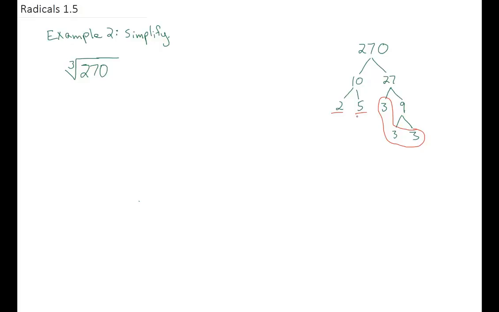And then the other 2 we don't get to actually cube root. So what that looks like is the set of 3 becomes a 3, and then the other 2 we can't cube root, so they're going to stay under the cube root, the 2 and the 5, and everything's being multiplied. So then when I simplify that, I get 3 cube roots of 10.